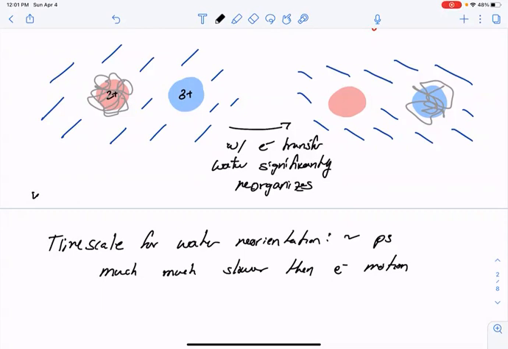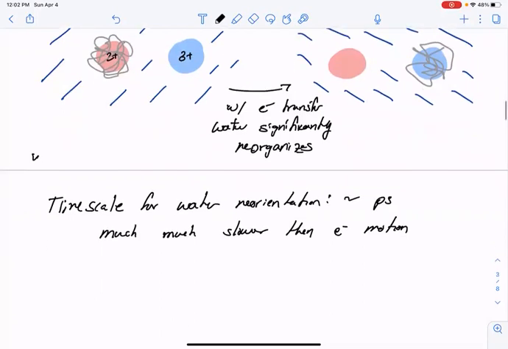Now, Marcus's real insight was to acknowledge those two realizations: the fact that the water relaxes on orders of magnitude slower timescales than the electronic motion. If the characteristic timescale were picoseconds, that's 6 orders of magnitude slower than the attosecond timescales for an electron transfer.